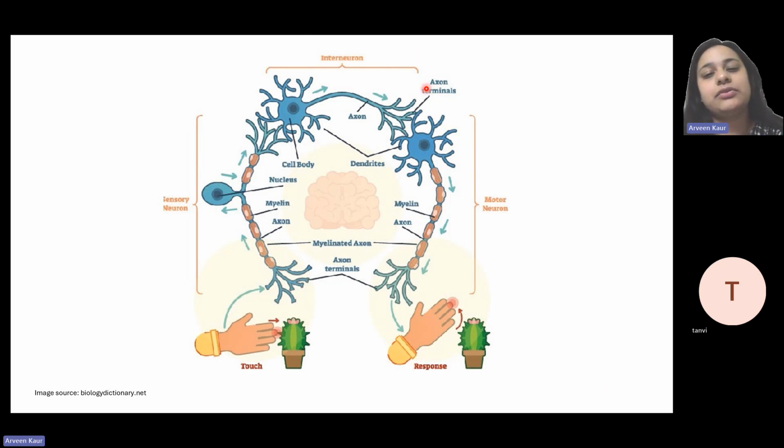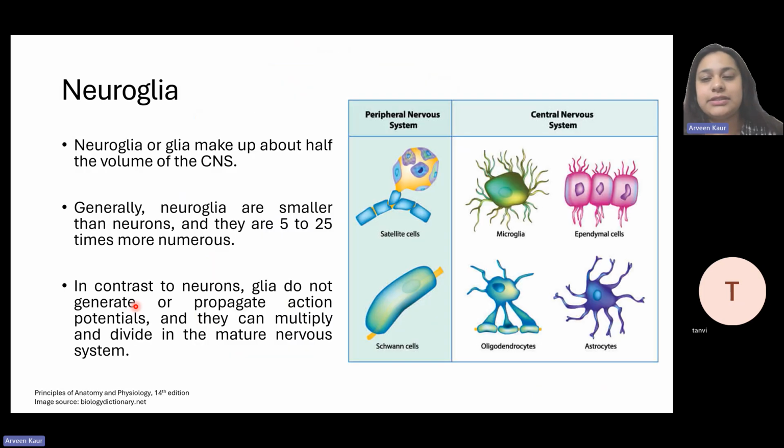This association neuron carried the information forward to the effector neuron or the motor neuron, which will further take the signal that the person should remove their hand from there because it is a cactus and it will hurt you, or it has already hurt you, so that it doesn't hurt you any further.